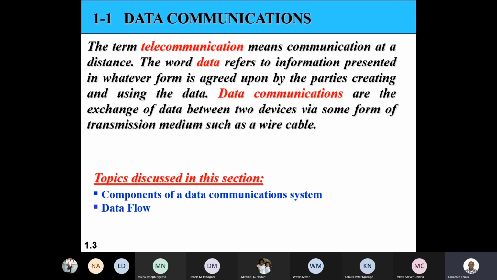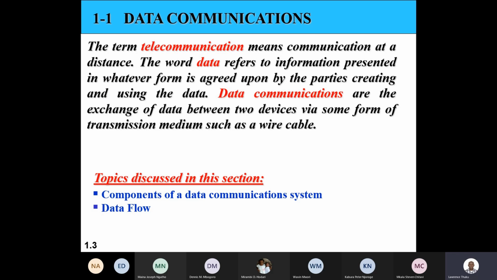When you look at data communication, this term is commonly used within the telecommunication industry, the industry that deals with mobile communication and the telephone industry. Let me look at it from the telephone perspective.